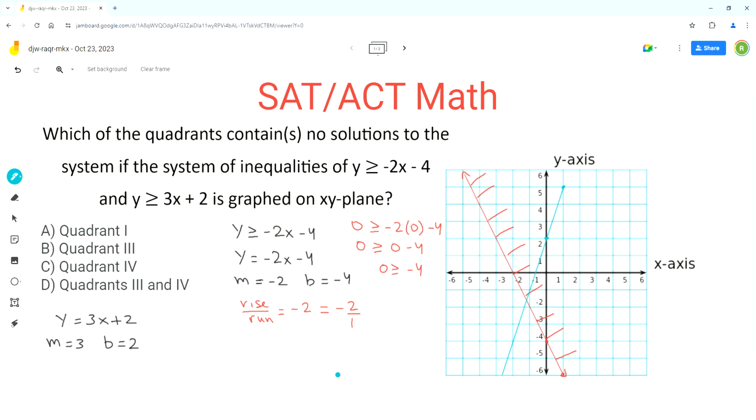Now we have to test which side of this line the inequality holds true. So we can use a test value. Let's use the test value origin 0, 0. So we'll sub in x as 0 and y as 0 in the second inequality.